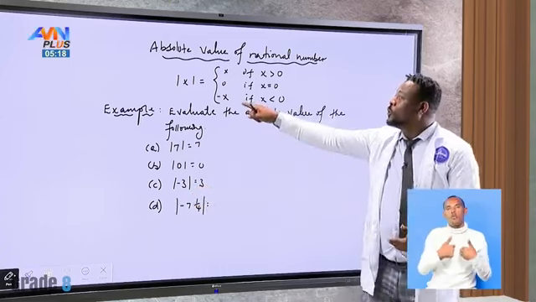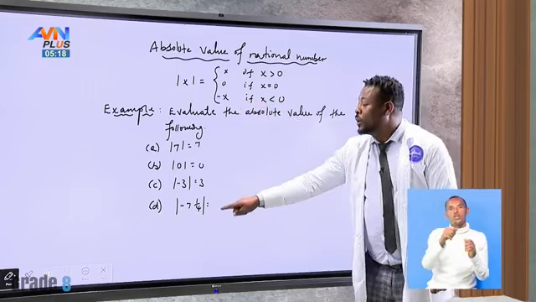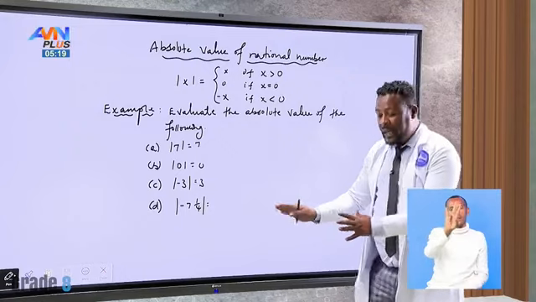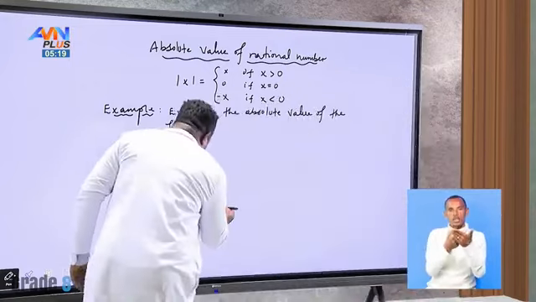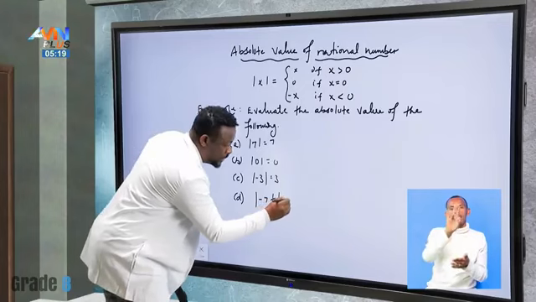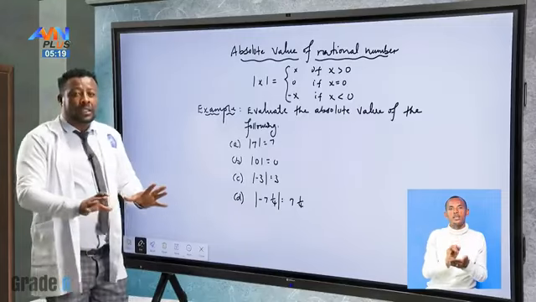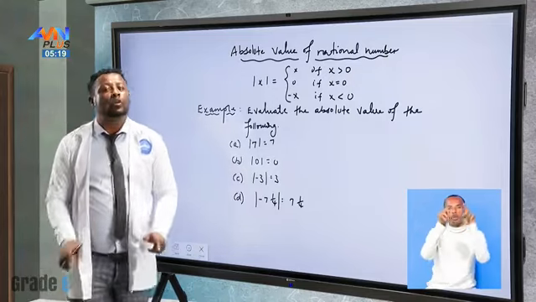You have to follow the third piece in the definition. So the absolute value of this mixed fraction becomes positive 7 and 1/4. So the answer for part D becomes 7 and 1/4. Okay, this is a simple question on the absolute value.